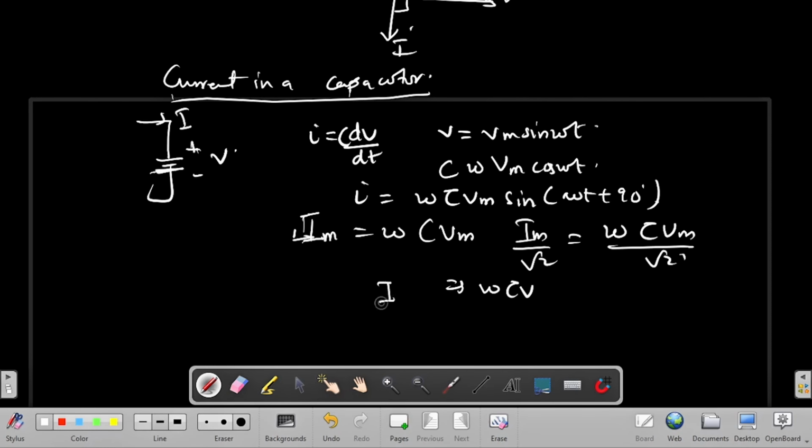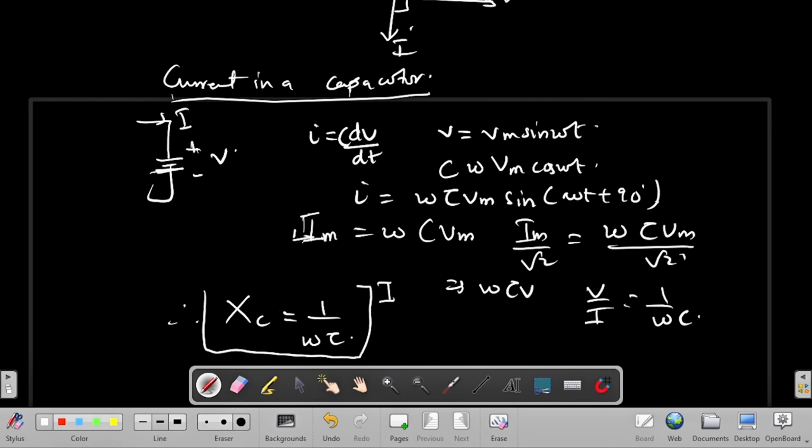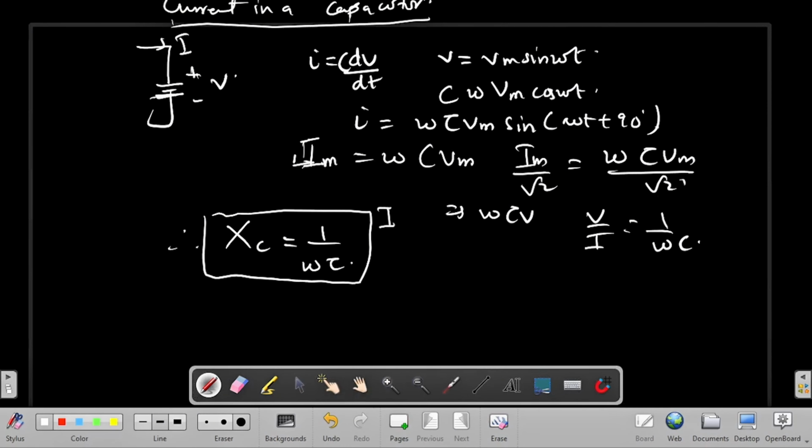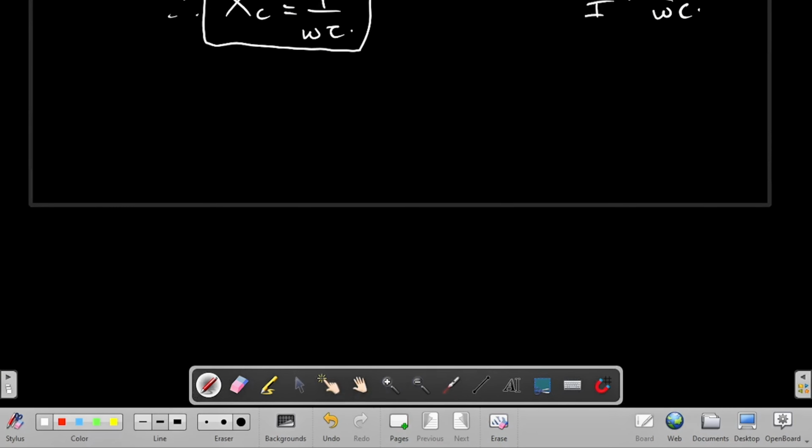So if my I is giving me omega C V, then my resistance, which is V over I, is simply going to give me 1 over omega C. Therefore, my capacitive reactance XC is equal to 1 over omega C. Okay, so my capacitive reactance is 1 over omega C. And these are the reactance and the resistance you have looked at so far, right? So take note of them as you'll be using them to calculate our impedance.